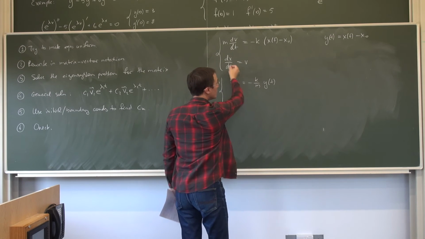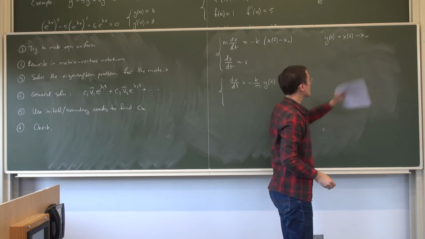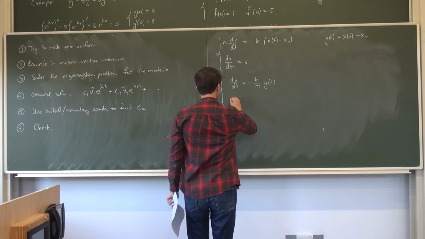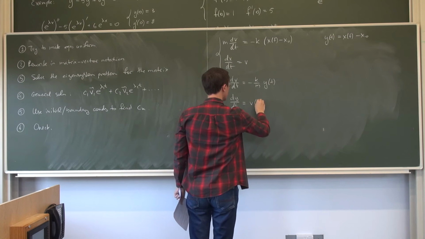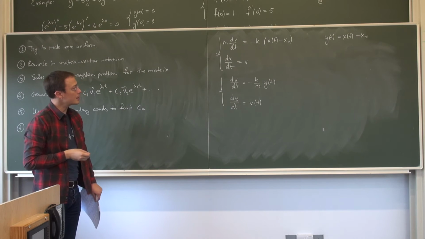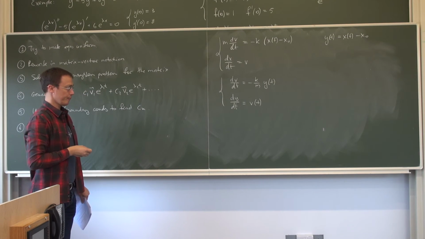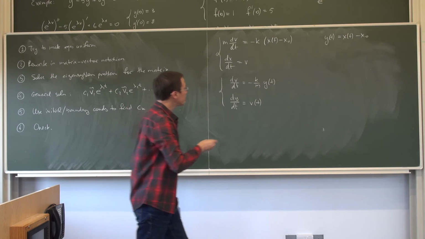And then dx by dt is exactly the same as dy by dt, because this doesn't survive differentiation. So dy by dt is v of t. Well, that's better because this is now uniform. Let us recast this into a matrix form.